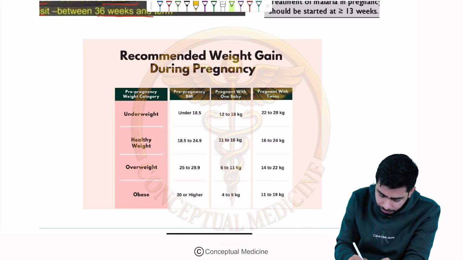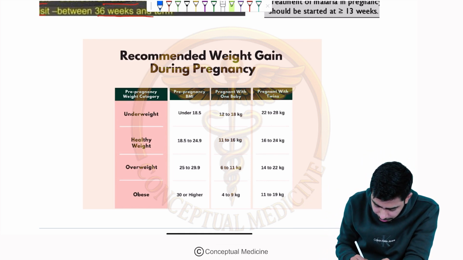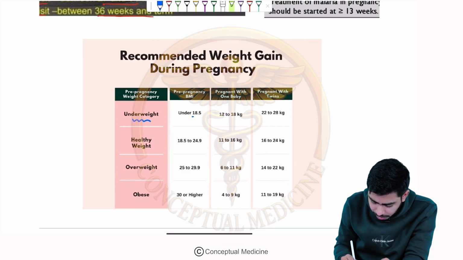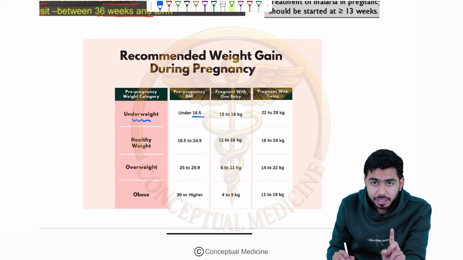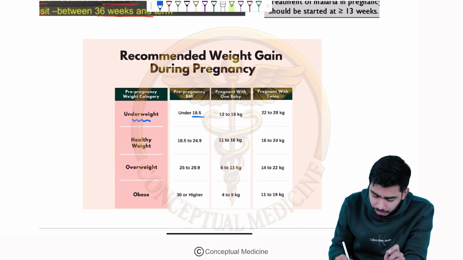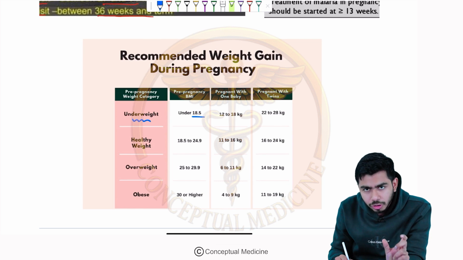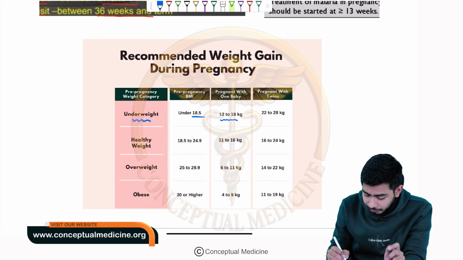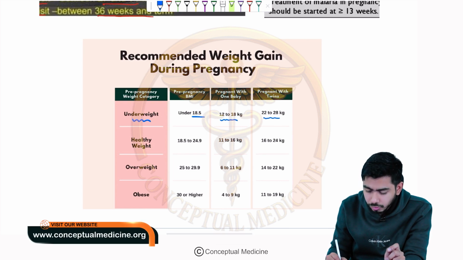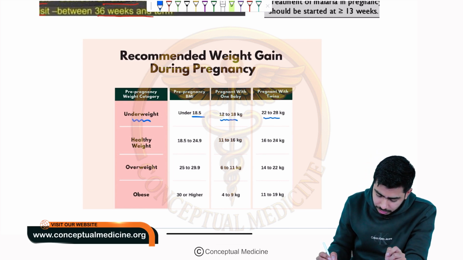For example, for underweight females having a BMI less than 18.5, with a pregnancy of one baby, the weight gain range is 12 to 18 kg. And if they are having twins, then it is 22 to 28 kg. Overall, you should be remembering this range.